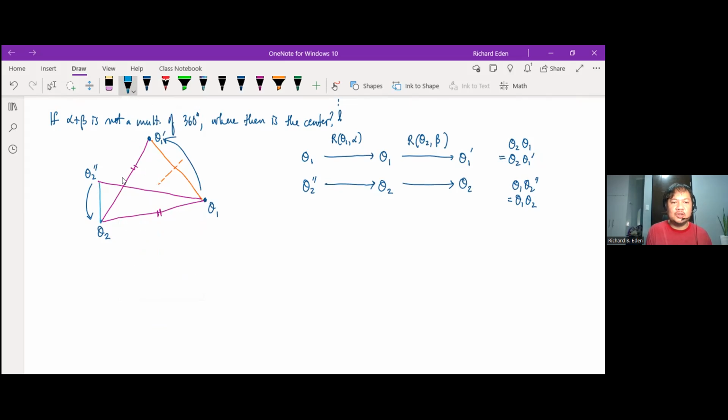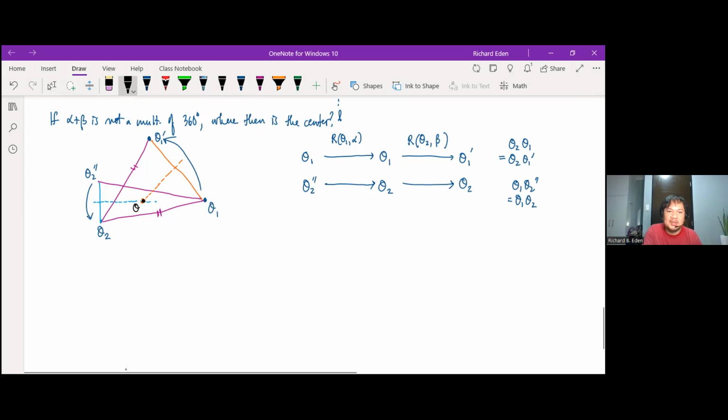Therefore, the center of the rotation should be in the perpendicular bisector of that segment. So now if you connect those two perpendicular bisectors, where else should they meet but the center of rotation? So that is how we identify center O.